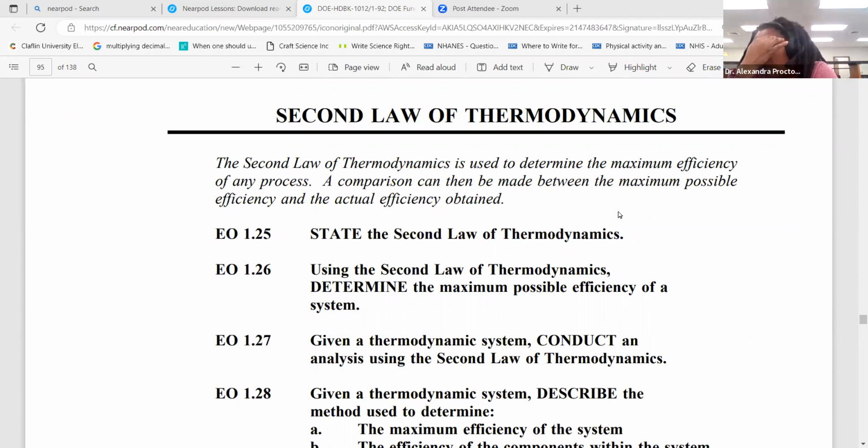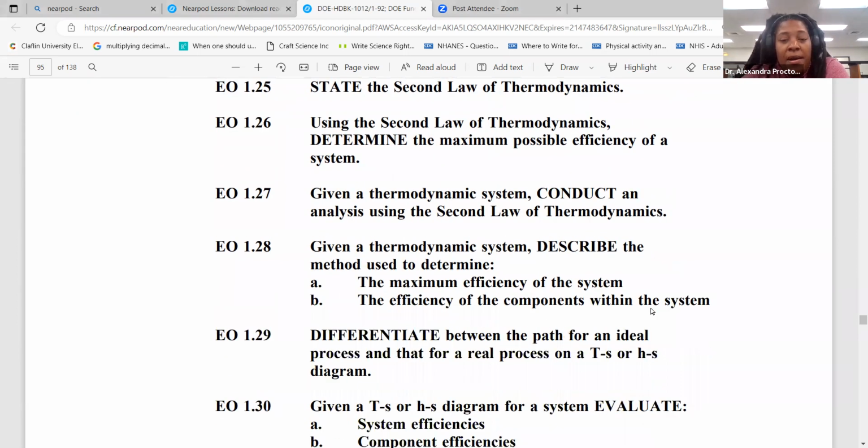So the objectives for this section are to state the second law of thermodynamics, use the second law of thermodynamics to determine the maximum possible efficiency for a system. And then when we are given a system, conduct an analysis using the second law of thermodynamics.